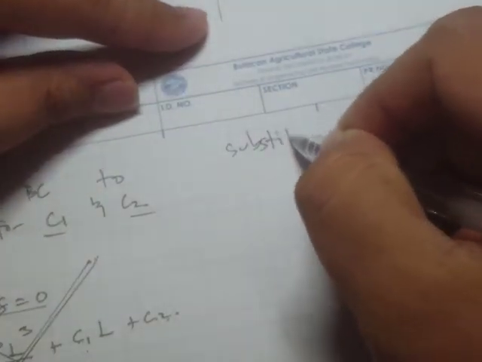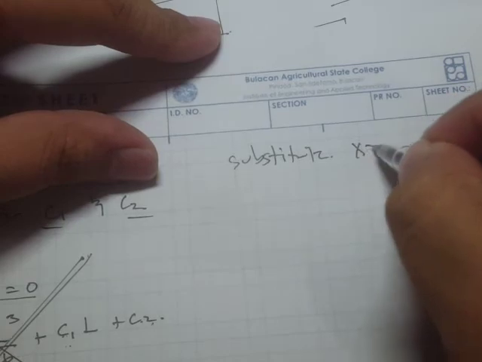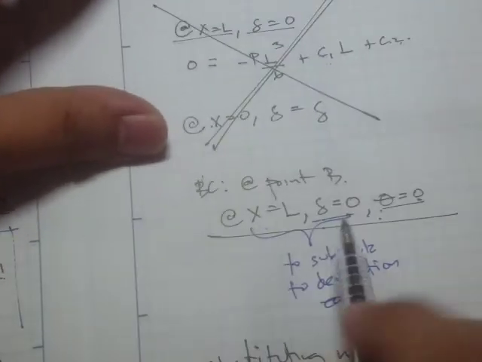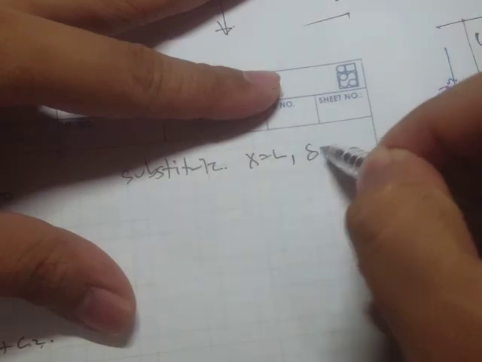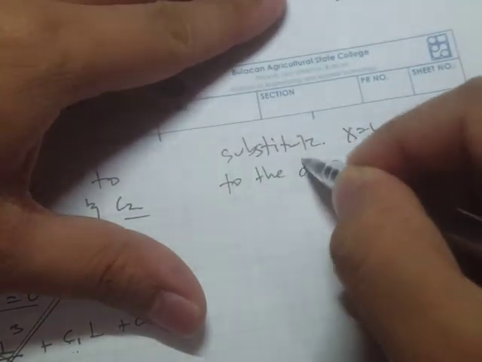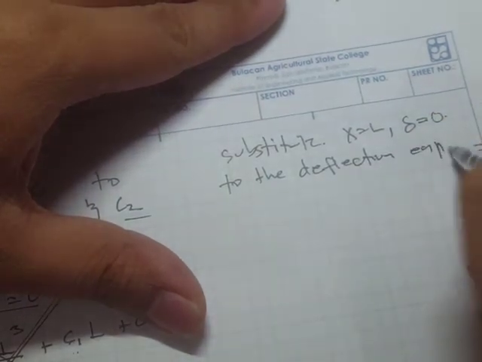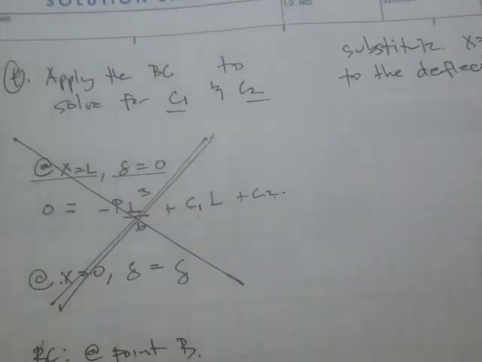Now the next is to substitute x is equal to L, and we'll use the deflection equal to 0 in the deflection equation. So here's our deflection equation.